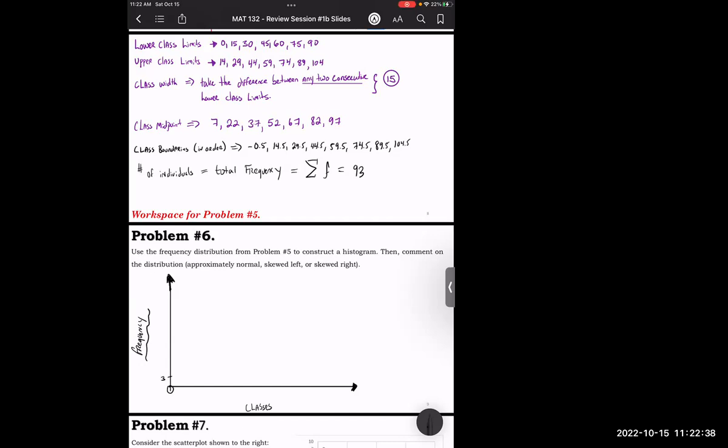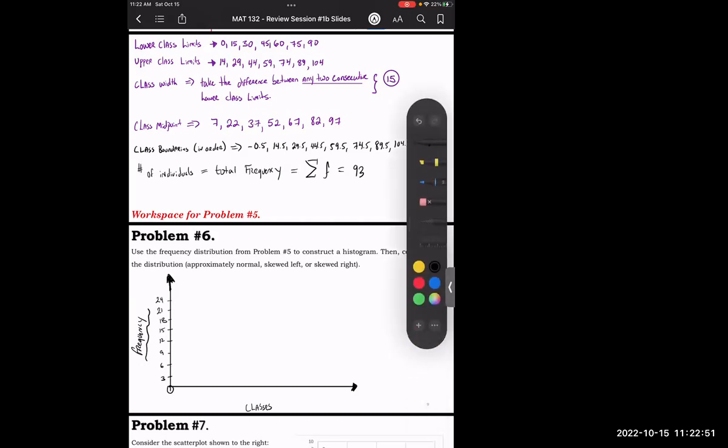Here's 3, here's 6, here's 9, here's 12, here's 15, here's 18, 21, 24, 27, 30, 33, 36.